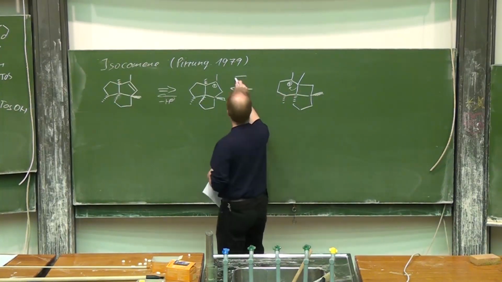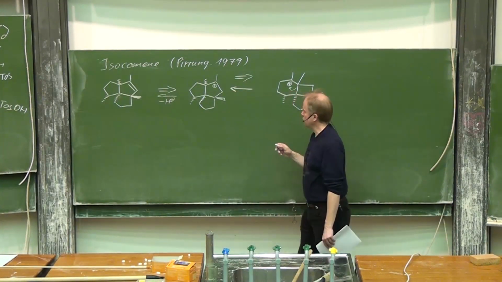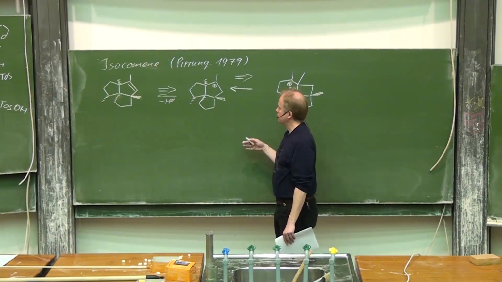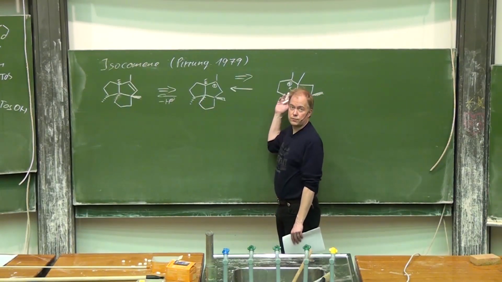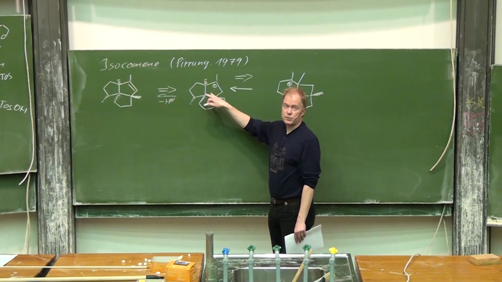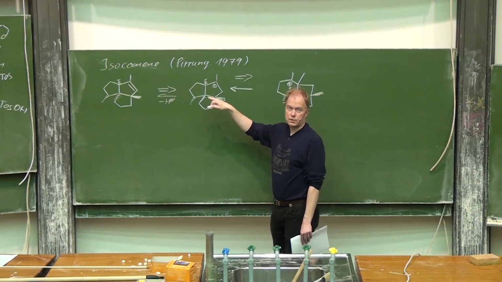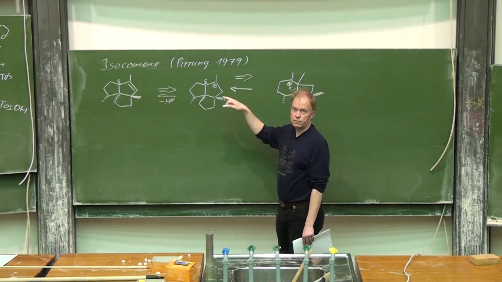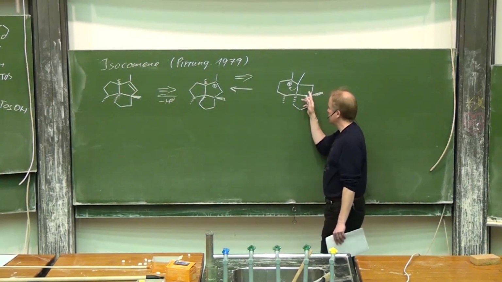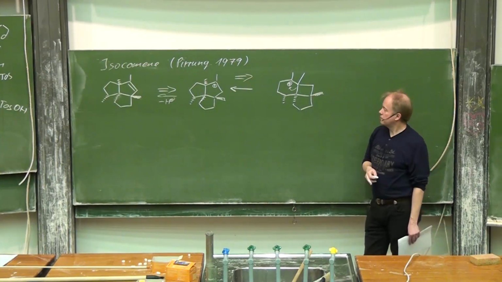Especially because, well, you get rid of the highly strained 4-membered ring. Two 5-membered rings are, of course, in terms of ring strain energy, far better than a 6-membered with a 4-membered ring. Okay?